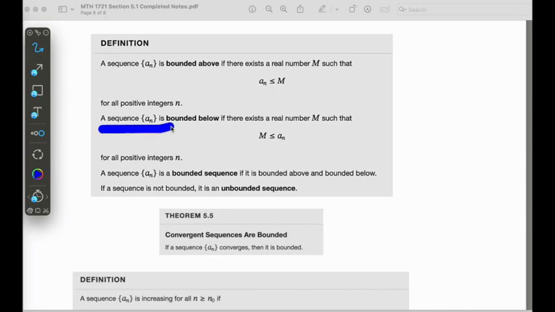A sequence is called bounded below if there exists a number m such that all the terms are greater than that value. And a sequence is just called bounded if it's bounded above and below. If a sequence is not bounded, then it's unbounded.